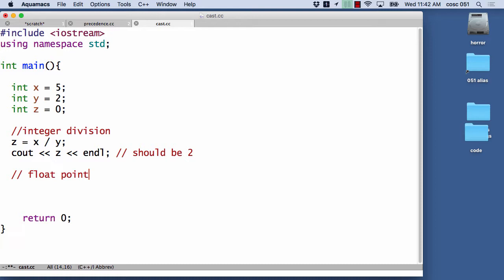Exactly. So a bad way to do this, and it works, is do something like this. Float w equals x. What happens is now w is a floating point, and if we do z equals w divided by y, we should get 2.5, right?